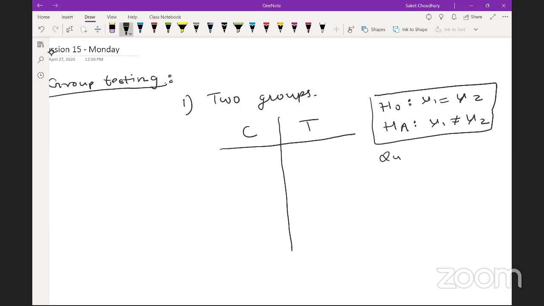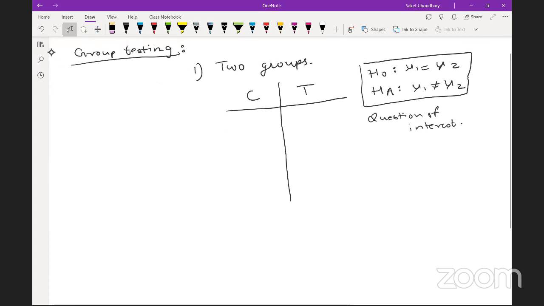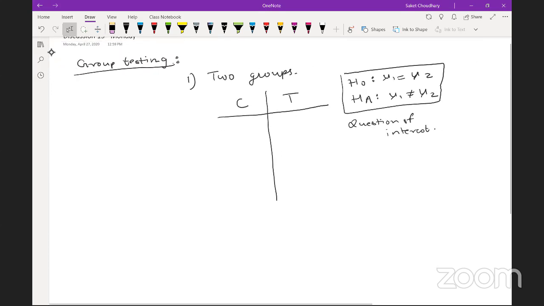So this is our question of interest. Now, in order to be able to really check this, before the first midterm, we learned a lot about what a simple random sample is, what it really means to be independent, and when you can consider independence between two groups.